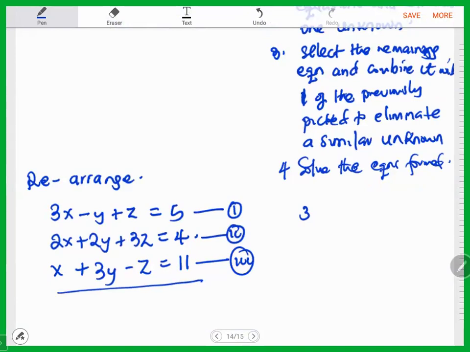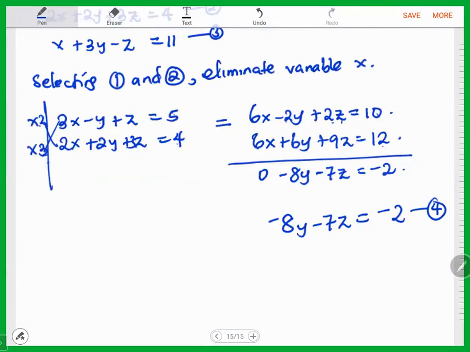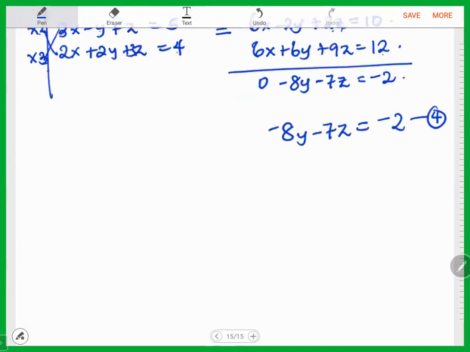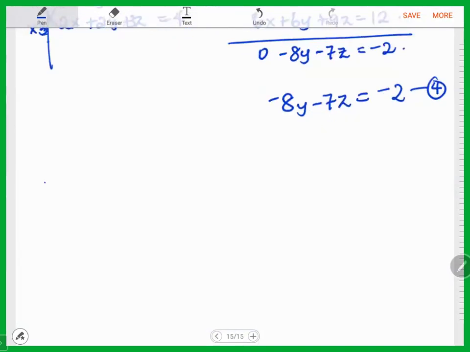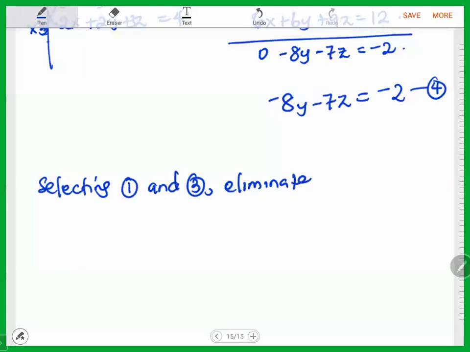So next, I'll be selecting 1 and 3, eliminate x.